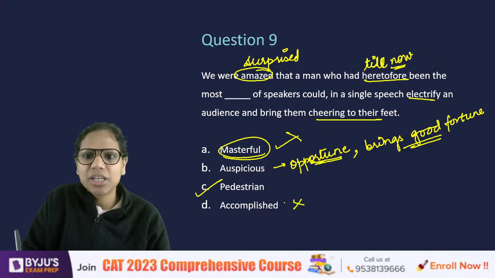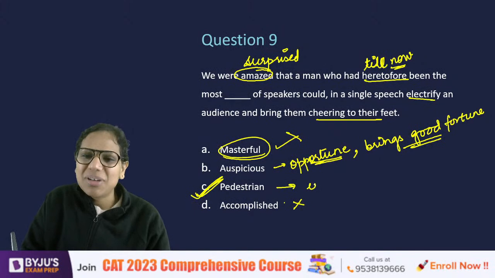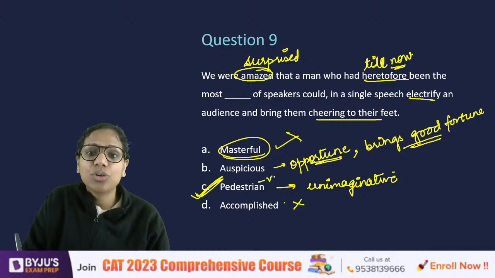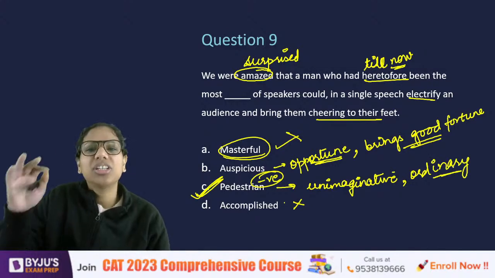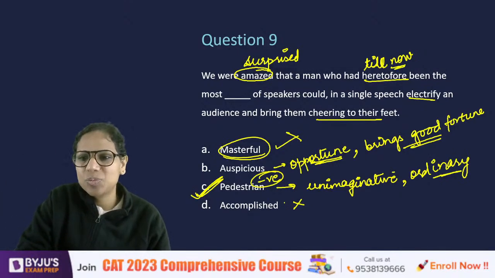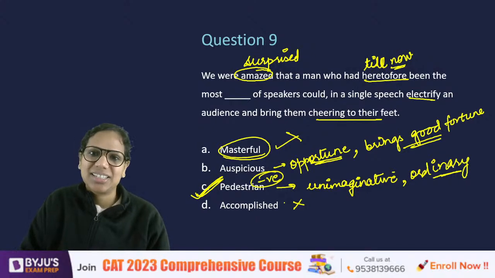So A and D eliminated. Auspicious does not fit with a person. Pedestrian, unimaginative, somebody who's very ordinary. The word has a negative connotation. The most ordinary of speakers, a very average speaker, would be a pedestrian speaker, a common speaker. Absolutely correct. So C is our answer here.